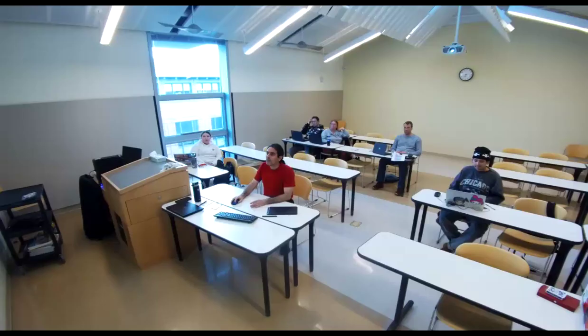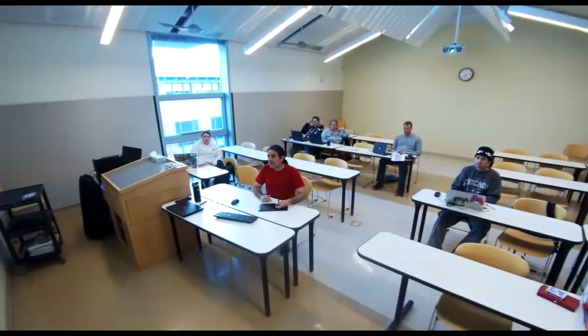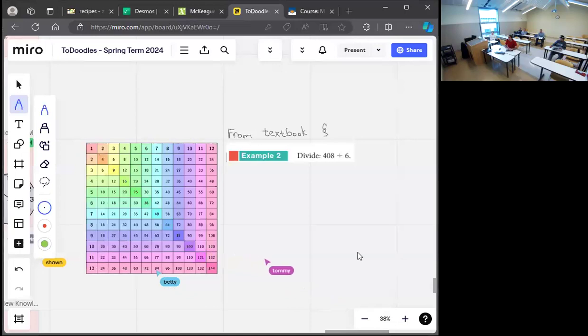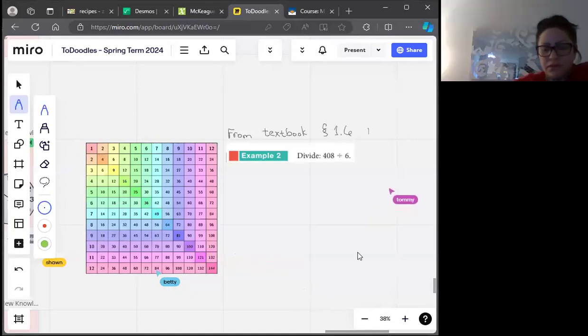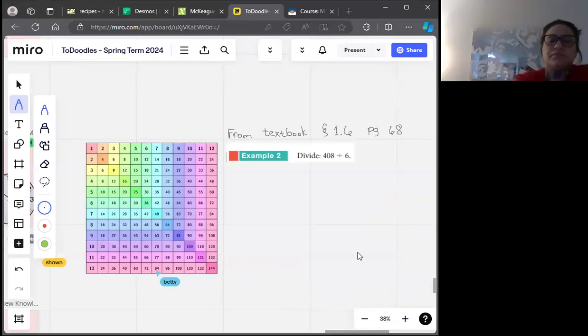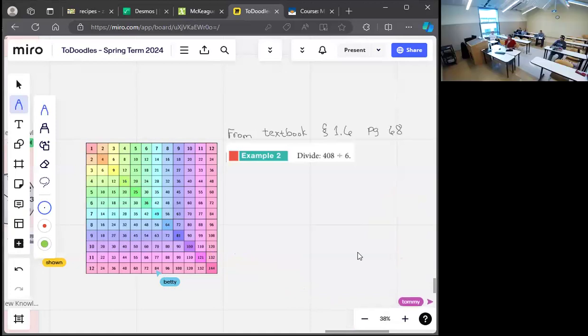This was section 1.6, page 69 from the textbook. You're not sharing the screen. Oh, I'm not sharing the screen. Thank you. Okay, from the textbook, section 1.6. So 408 divided by 6.